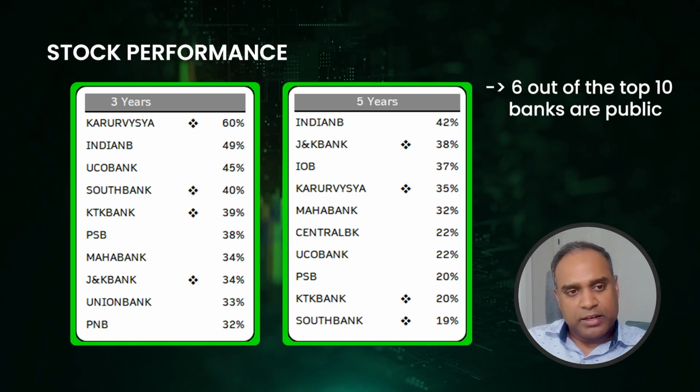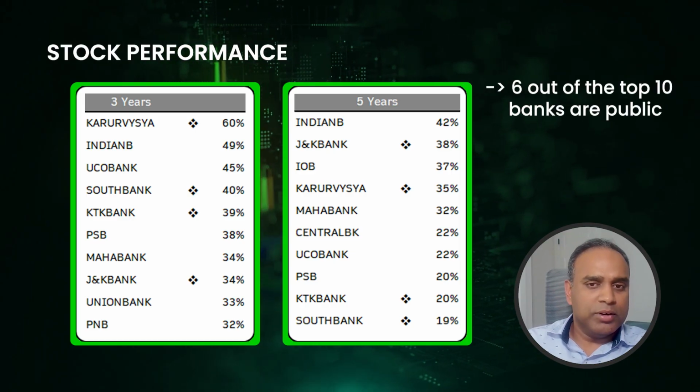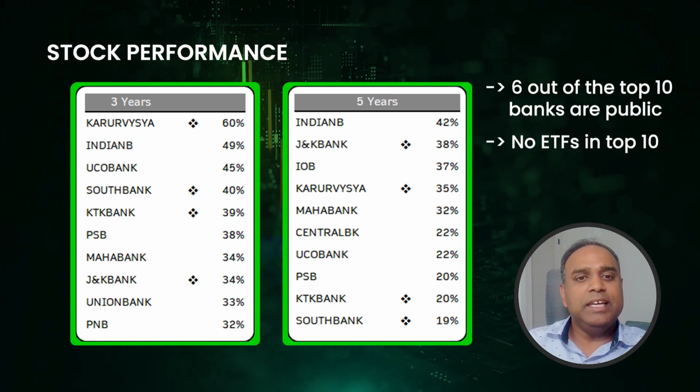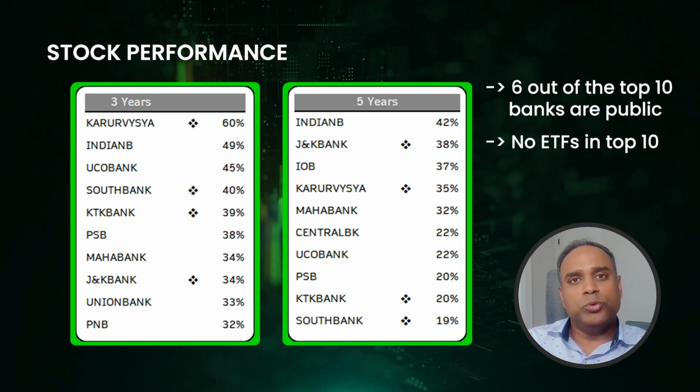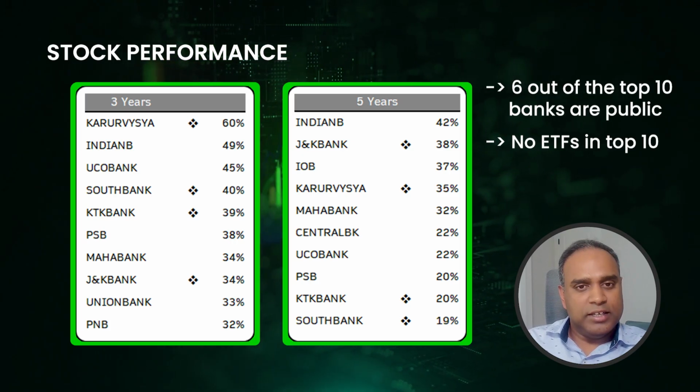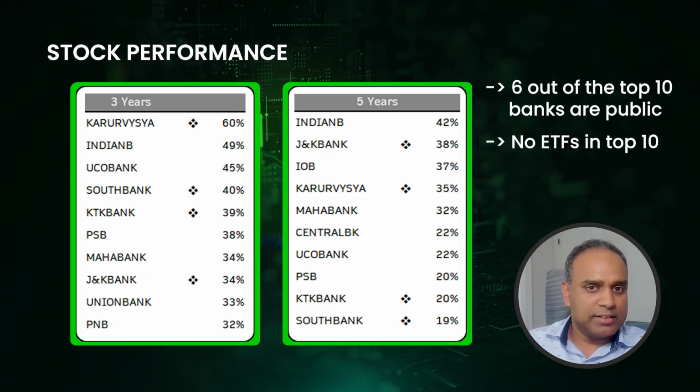So 6 of the top 10 are public banks. And the other important pattern here is you don't see any ETFs. Again, remember that I'm analyzing 52 different stocks and ETFs belonging to the banking sector in this analysis. So out of those, ETFs don't make it to the top 10 at all.